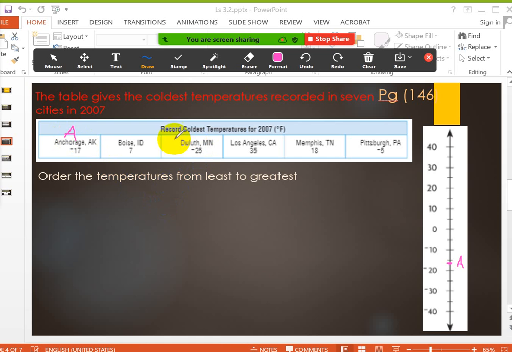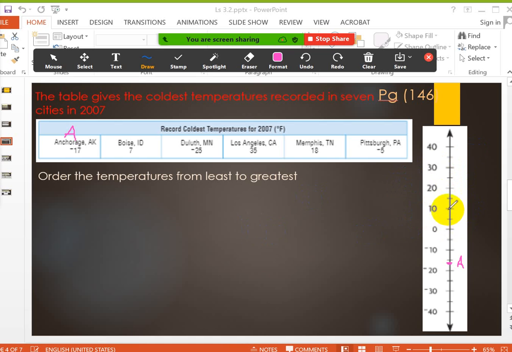Okay, what about the next one? 7. I have 7 with no sign here. That means this number is positive or negative? Of course, positive. That means it will be up on the number line. Up between what?